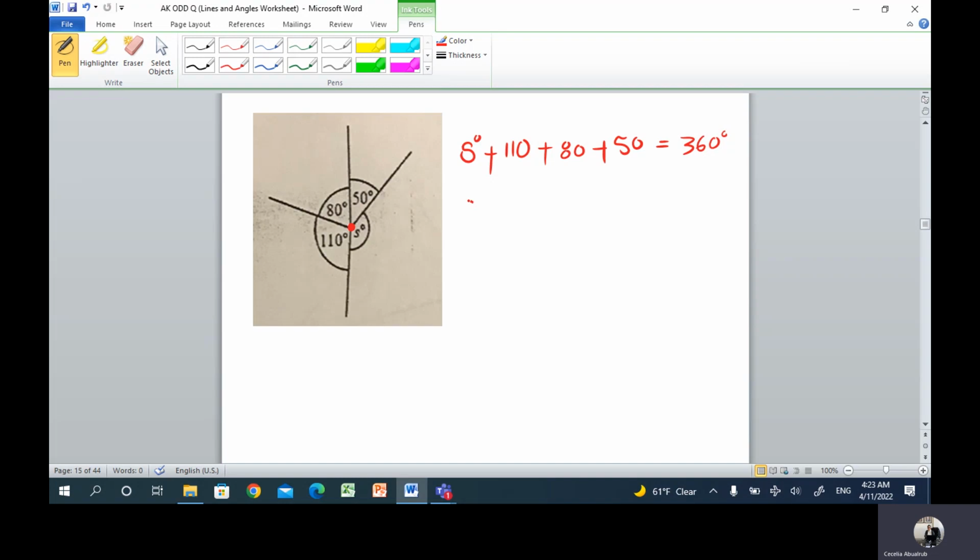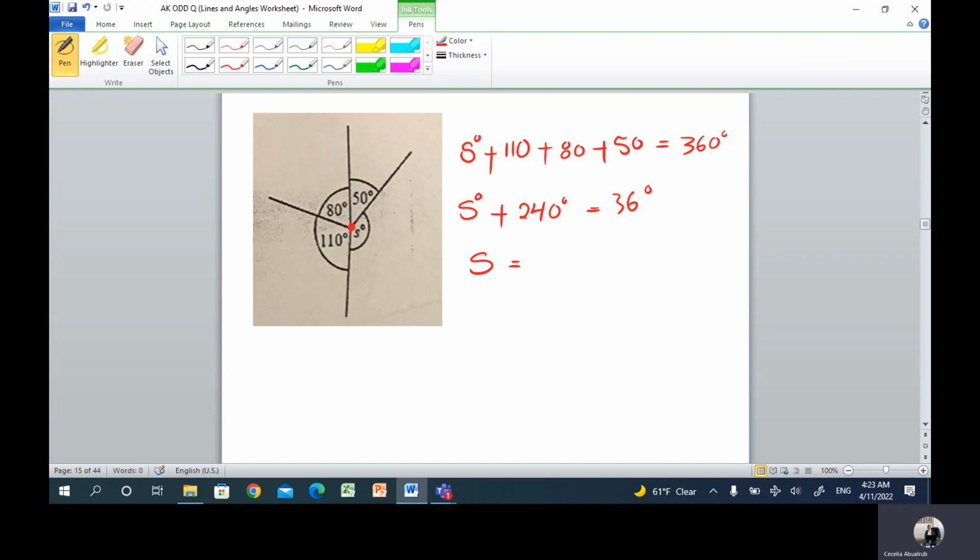And accordingly, if you simplify S plus 110 plus 80 plus 50, it's equal to 240, plus 240 is equal to 360 degrees.